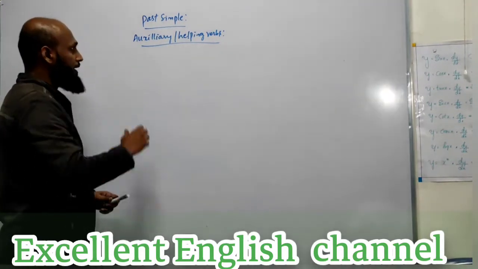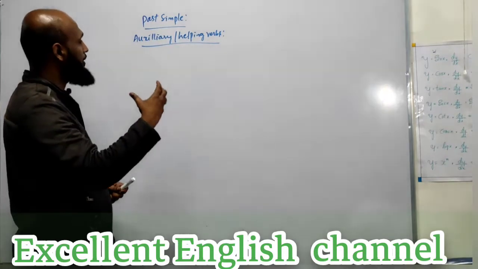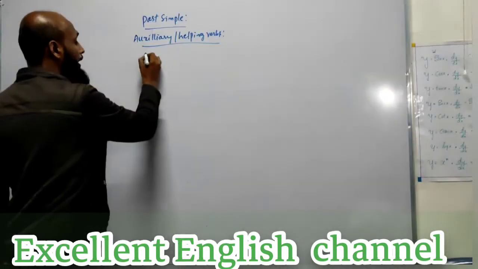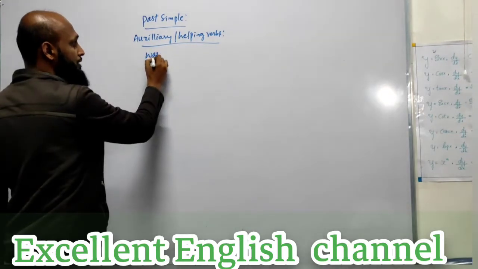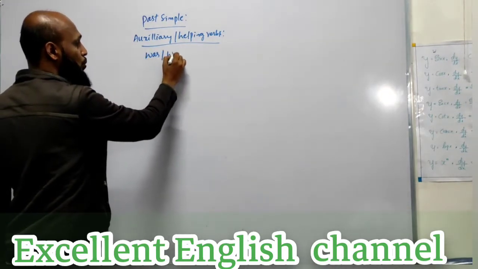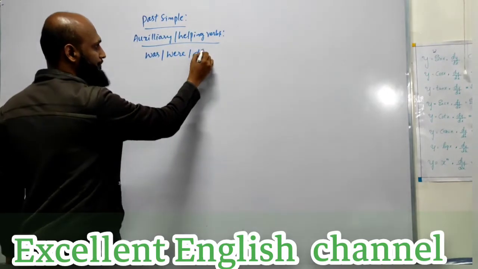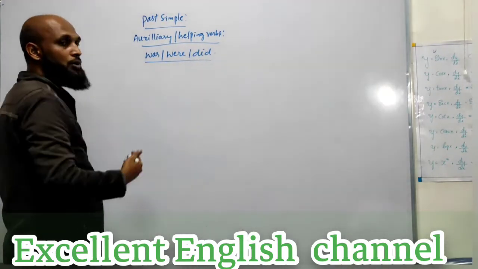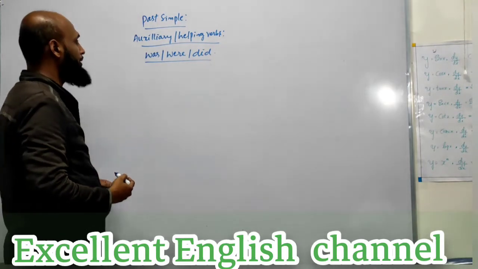Now just look at past simple's auxiliary or helping verbs that we are going to use. The helping verbs we use here are was, were, and did. These are the three helping verbs that we are going to deal with.